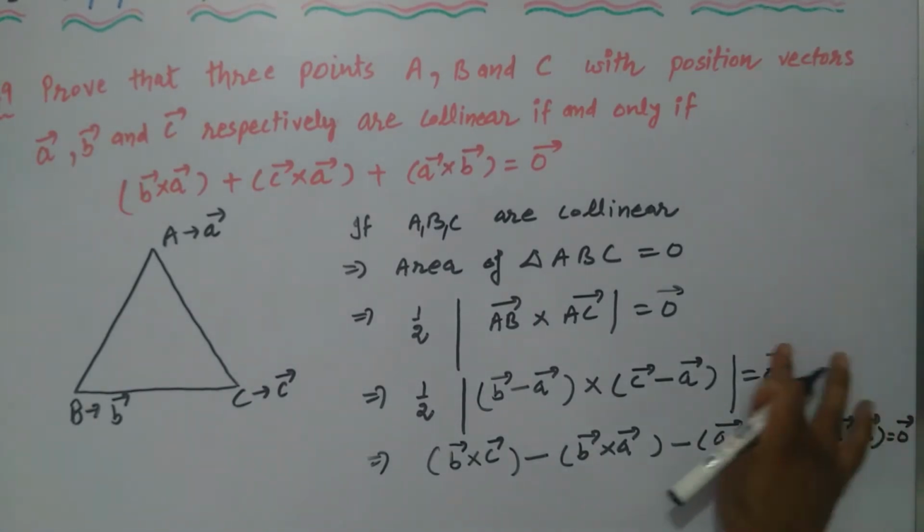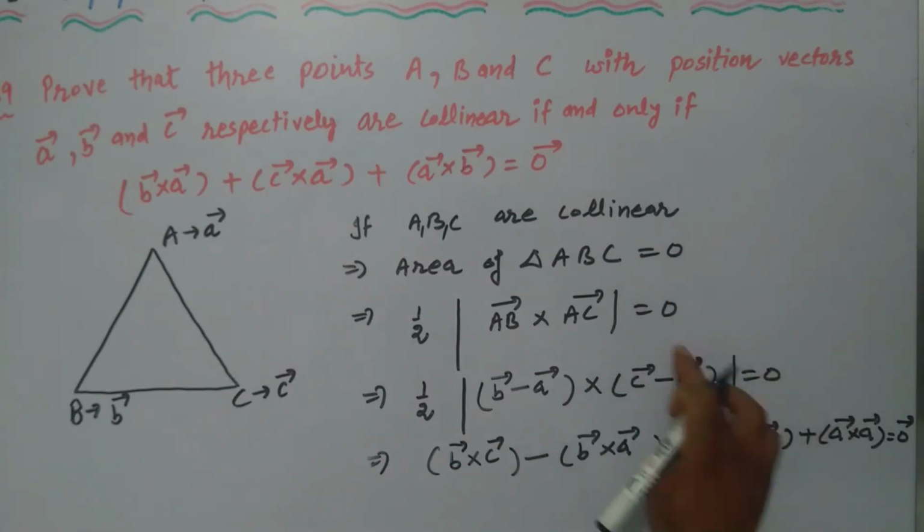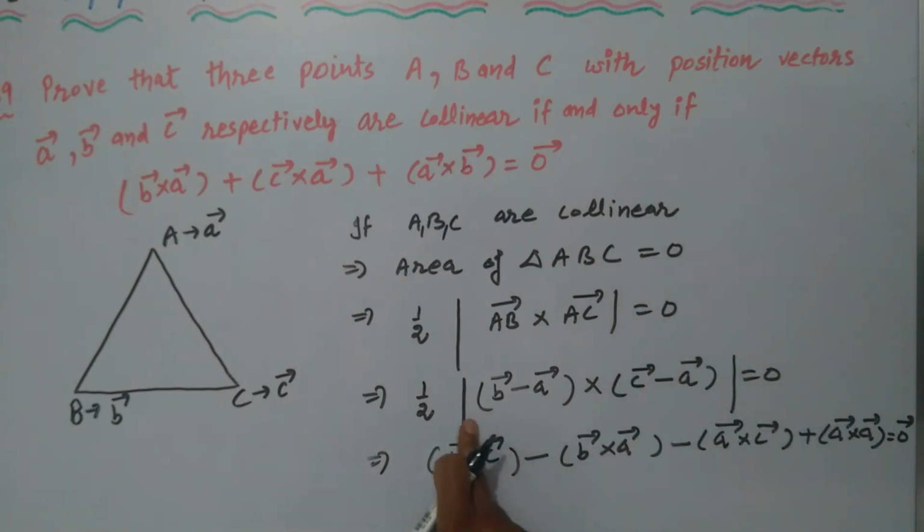First of all this was 0, but we have eliminated the magnitude sign, so this becomes the 0 vector. A cross a is already 0, so we are left with b cross c minus a cross b.